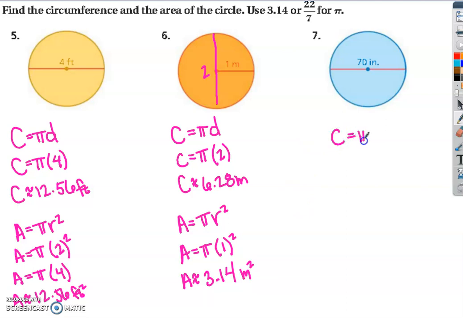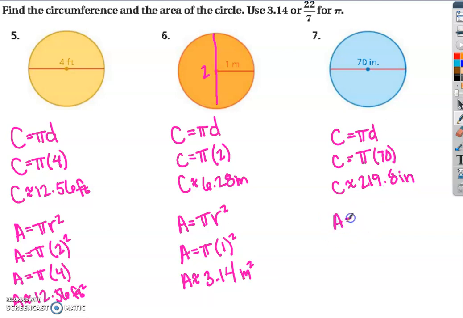Circumference is pi d. Now, of course, the order doesn't really matter here. You could do the circumference or the area first. Circumference is pi d. They gave us the diameter is 70, and 70 times 3.14 is 219.8 inches.